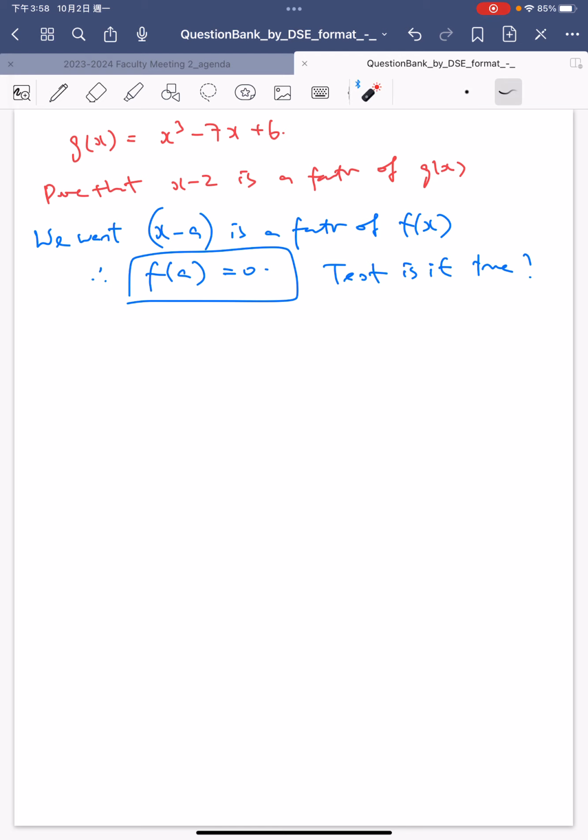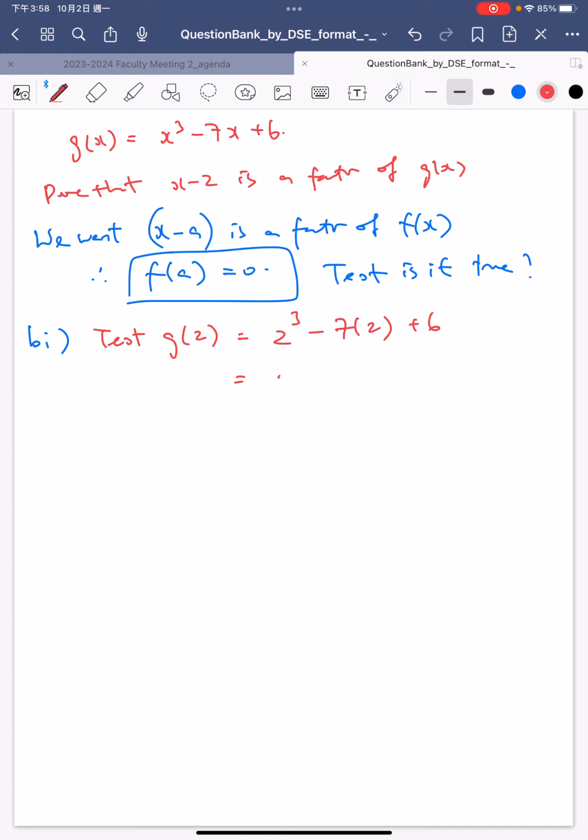So this time we want to find out whether x minus 2 is a factor of g of x. So basically we just substitute the 2 into g of x. So for part B1, we can test g of 2, which is equal to 2 cubed minus 7 times 2 plus 6.